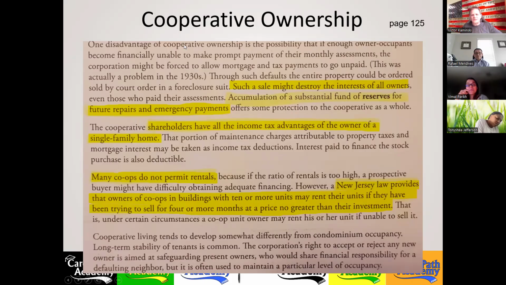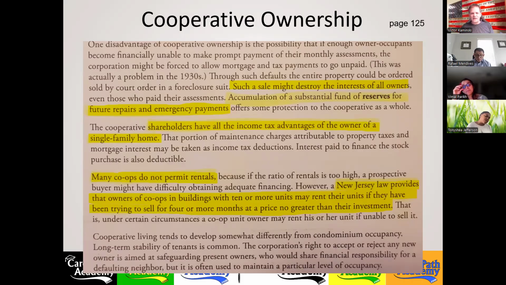One disadvantage of cooperative ownership is the possibility that if enough owner occupants become financially unable to make prompt payment of their monthly assessments, the corporation may be forced to allow mortgage and tax payments to go unpaid. This was actually a problem in the 1930s. Through such defaults, the entire property could be ordered sold by the court in a foreclosure suit. This is why co-ops are more picky in their interview process and have minimum credit score requirements.